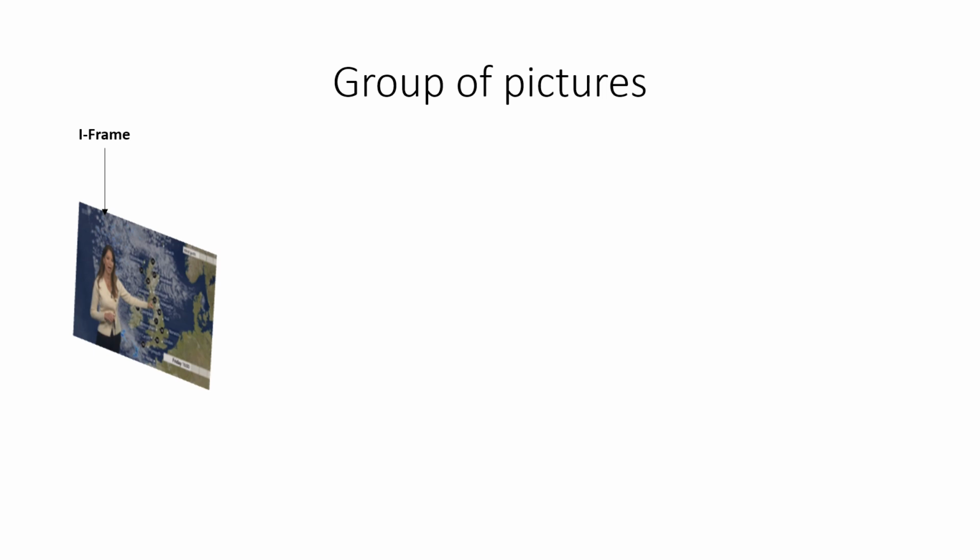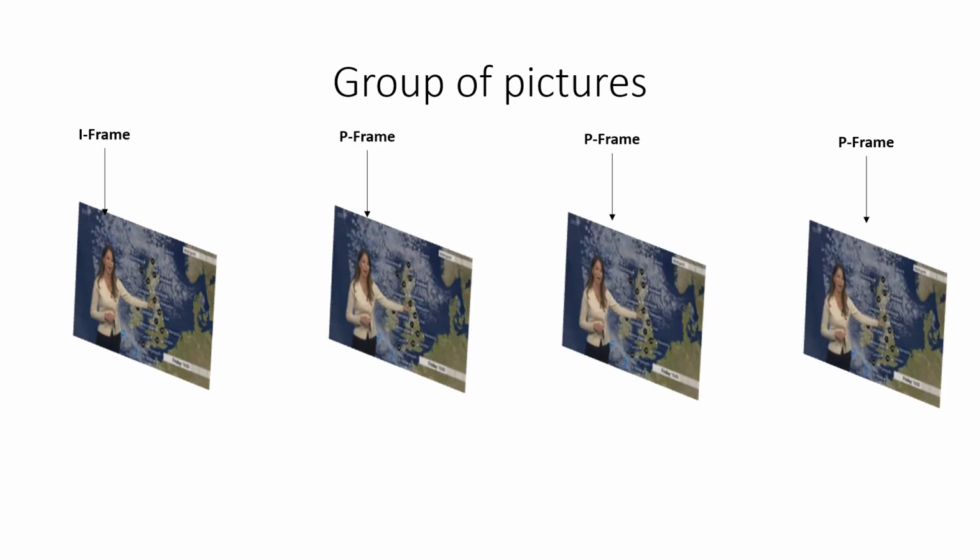From this, a group of pictures is created. The first picture in a group of pictures is an intraframe or iframe. An iframe is encoded using only information from within that frame without reference to any other frame. Some following frames, called predicted frames or P-frames, are then generated from the information in the iframe and the changes generated by the movement predictor.